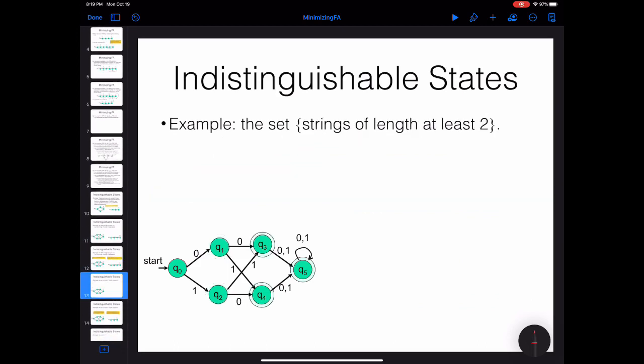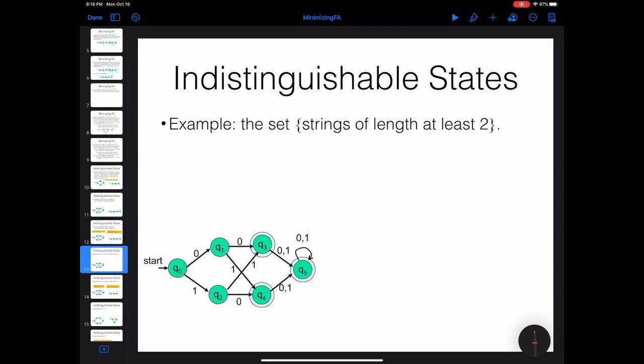Okay, let's see another example here. Again, here you can see that the states, for example, Q3 and Q4 are going to be indistinguishable because both of them are going to be accepting and both of them are going to go to another accepting state over both transitions 0 and 1.